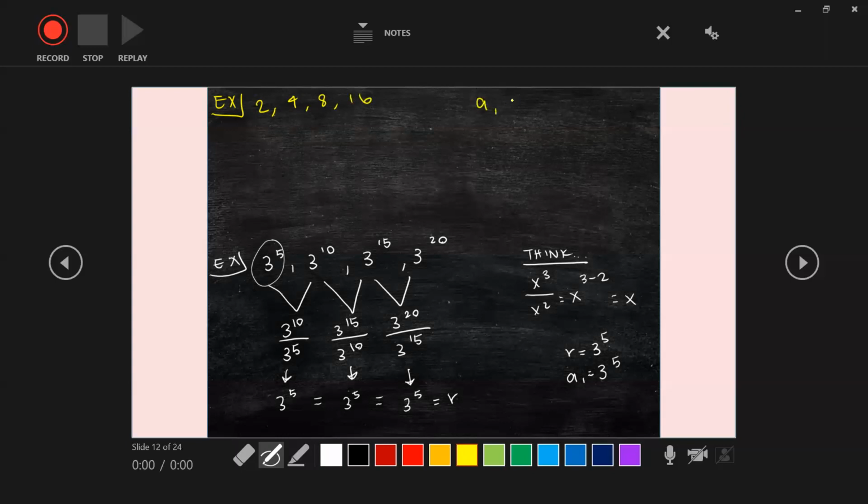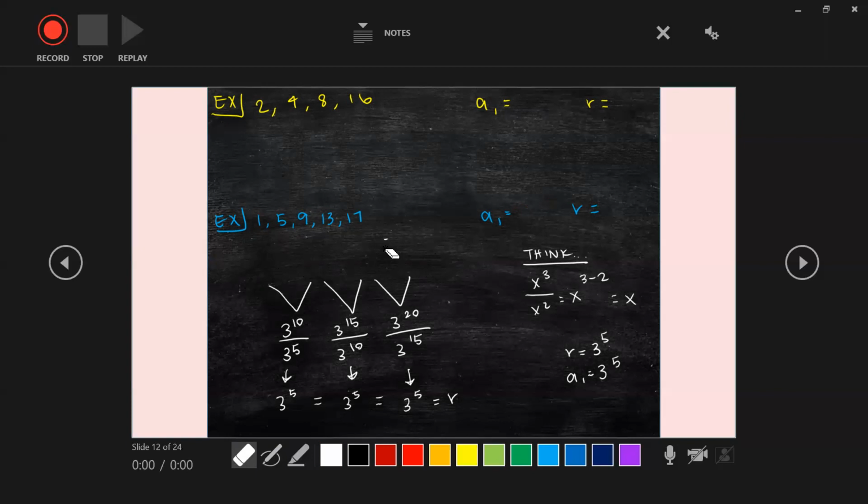I want you to find a sub 1, and I want you to find R. Our next example is going to be 1, 5, 9, 13, and 17. Find a sub 1, find R.